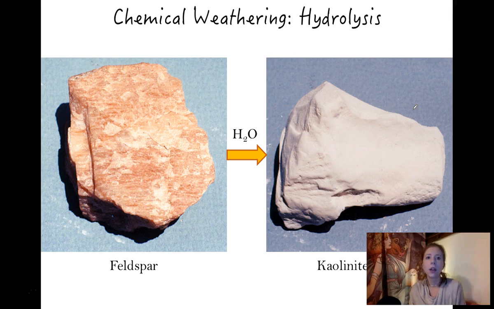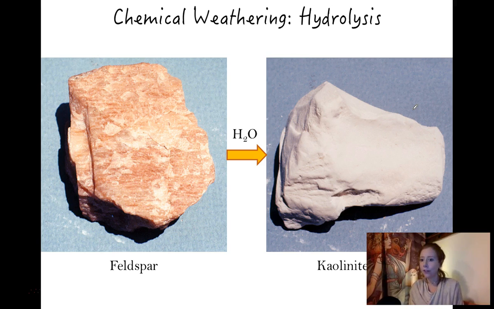Then we have hydrolysis. So that's an actual chemical reaction with water. So for example, we're looking at potassium feldspar mineral in that picture. I know it's potassium feldspar because it's pink. And when it reacts with water over time, it eventually becomes a mineral called kaolinite, which is a clay.